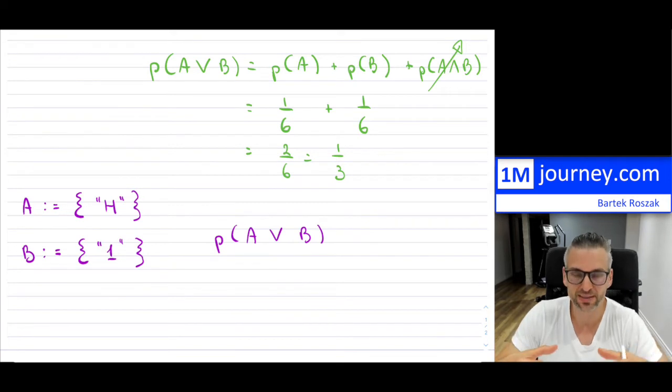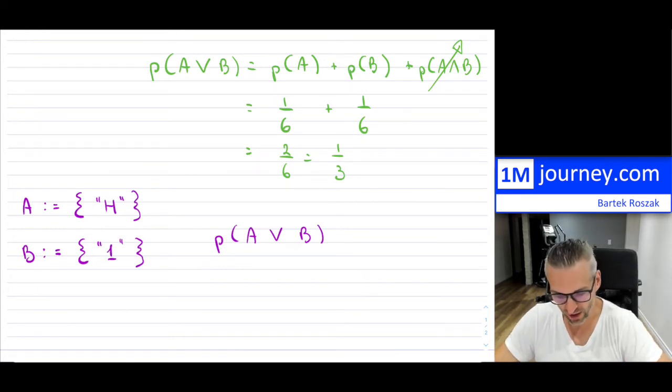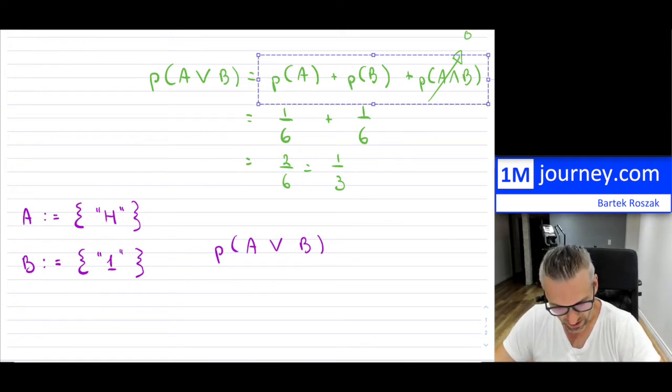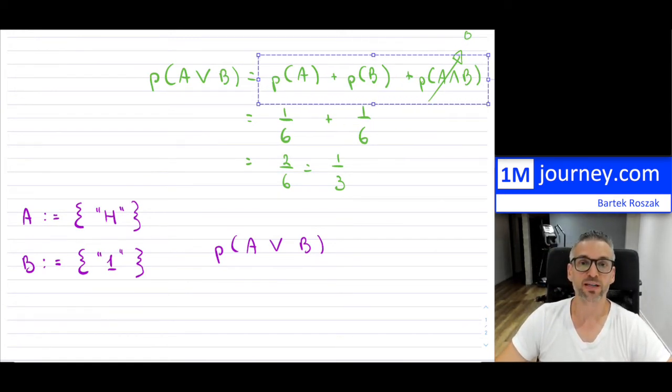So they've happened at the same time. They might be two independent events, but they can occur at the same time. In this case, the probability of A intersected with B is no longer 0 because they can happen at the same time. And if they're not disjoint, that means they're non-mutually exclusive.